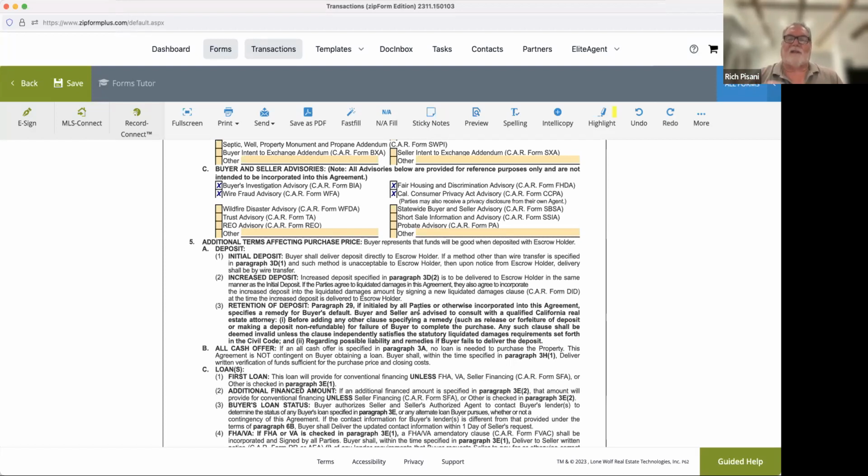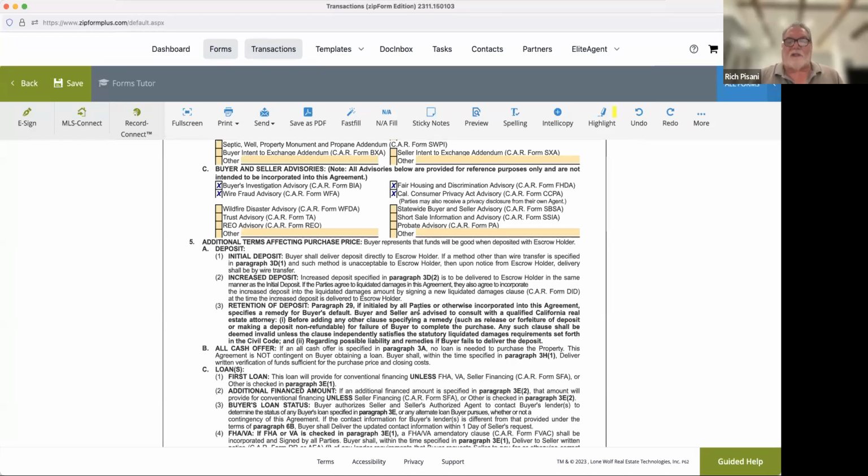So buyer and seller are advised to consult a qualified California real estate attorney before adding any other clause specifying a remedy for failure of buyer to complete the purchase. Any such clause shall be deemed invalid unless the clause independently satisfies the statutory liquidated damages required set forth in civil code. So that's just putting buyers and sellers on notice, that don't start drafting language to get around retention of deposit.